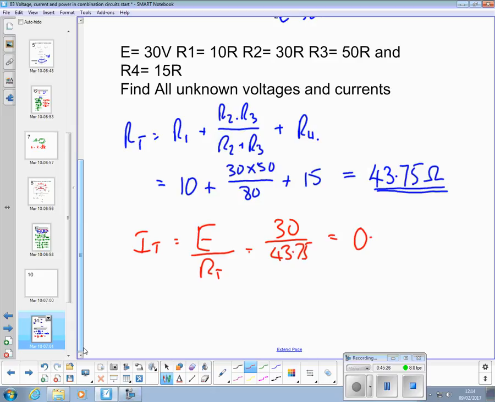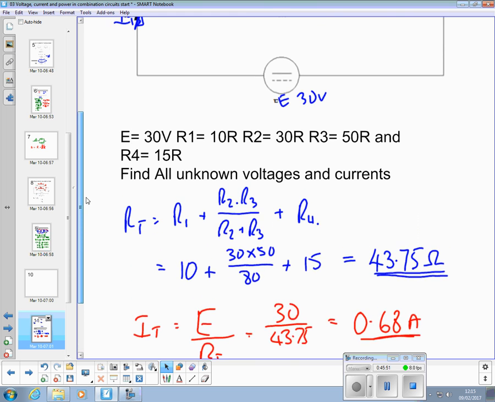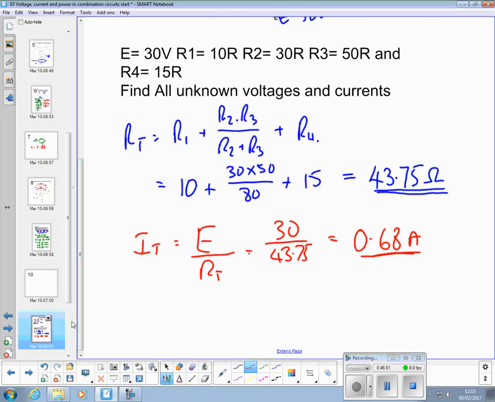So is it 6868? That's 4.6. That'll do. Near enough for me. Okay. So we know the whole circuit's 43.75 ohms, and we know the total current is 0.68, probably rounded, would it? 0.69 amps. Let's adjust that down here then.